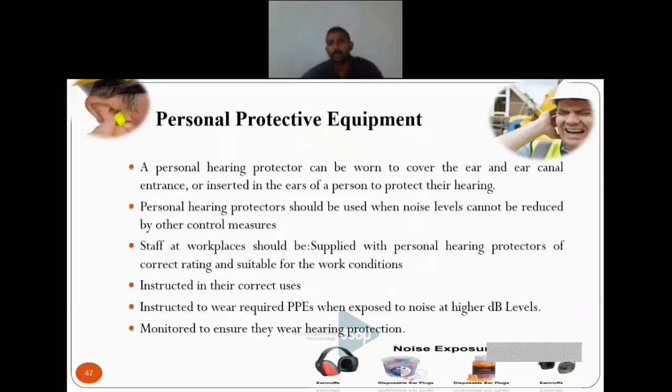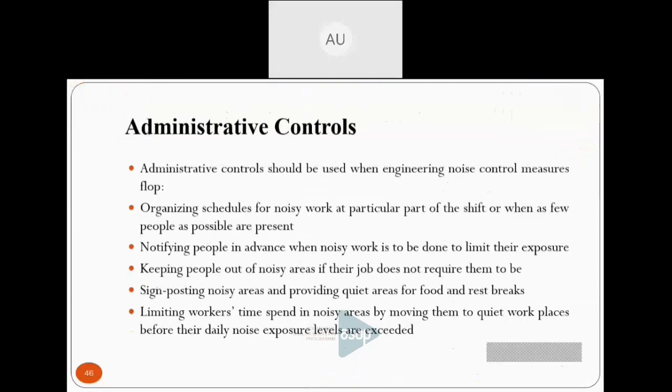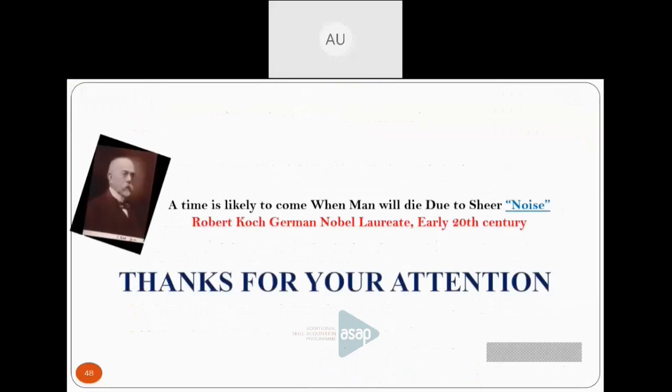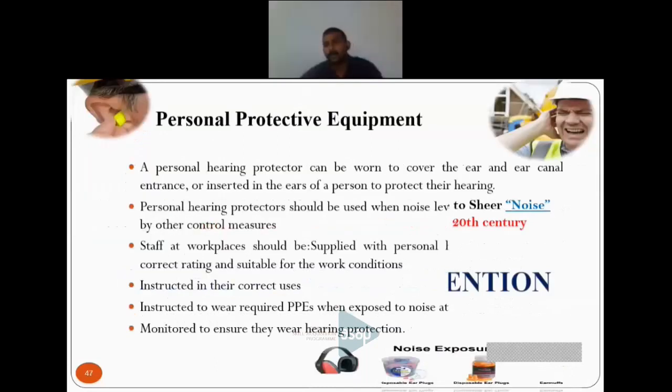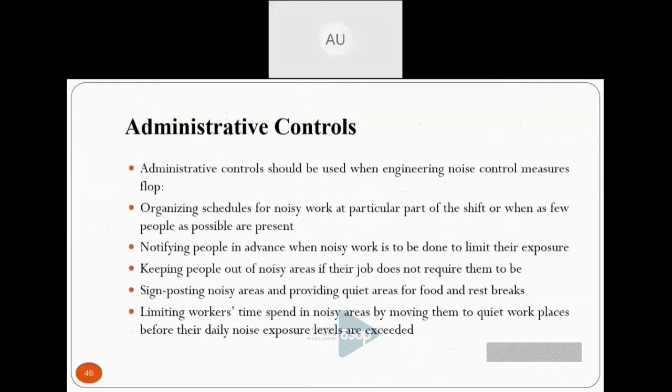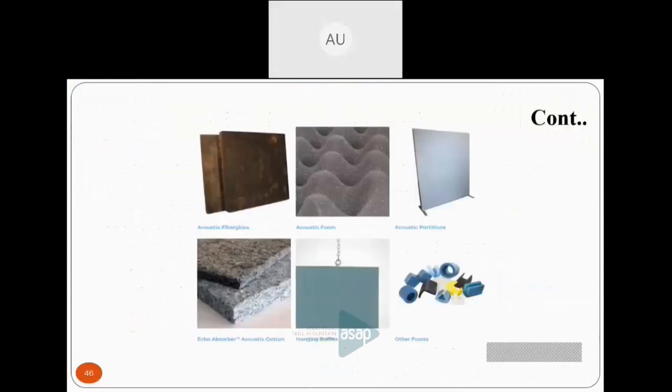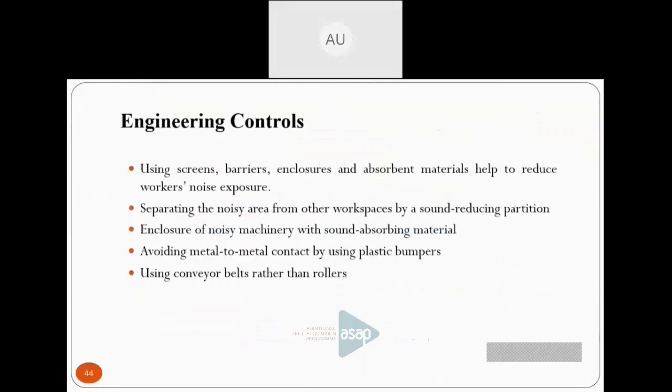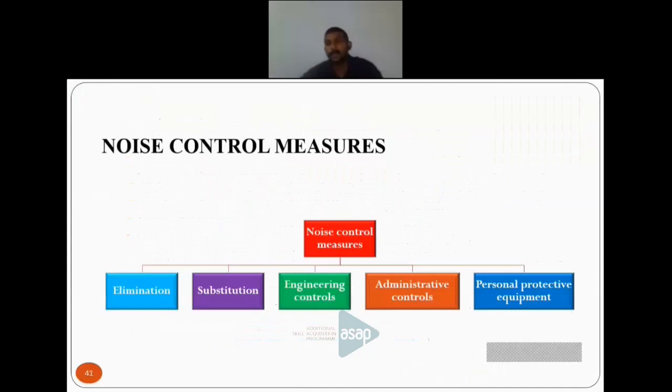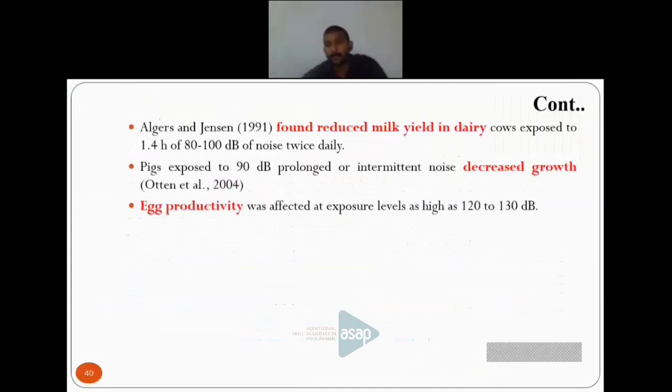Is that clear? Yeah. Next question, how can we take precautions against noise having frequency other than the audible range? So the question is how can we take precautions against noise which has a frequency other than audible frequency?